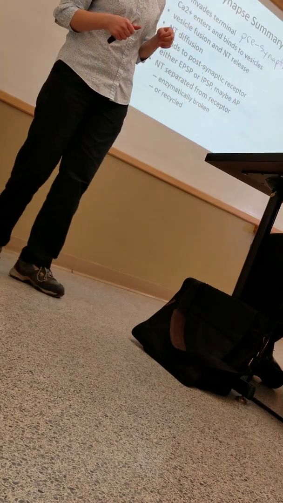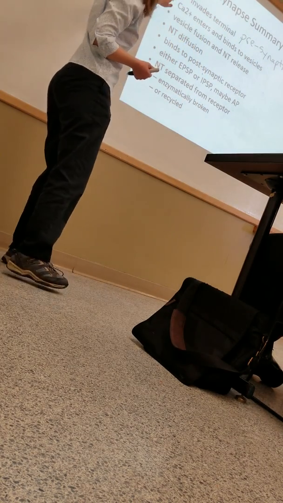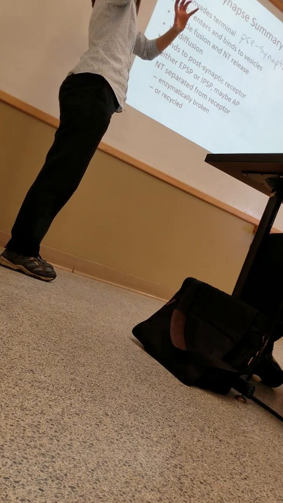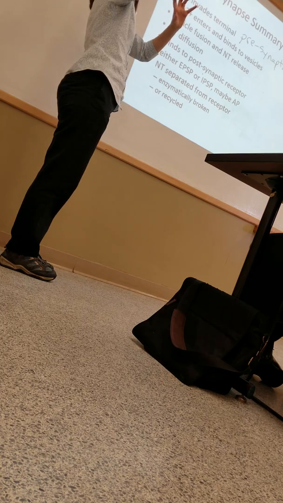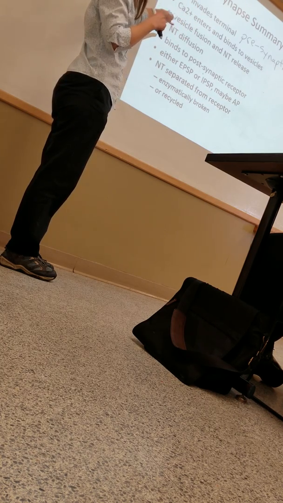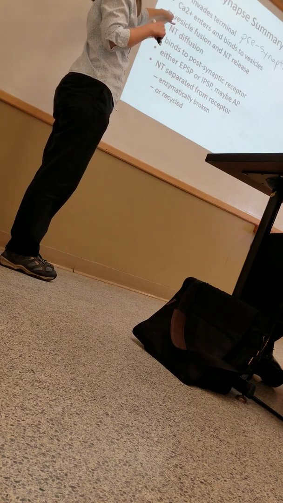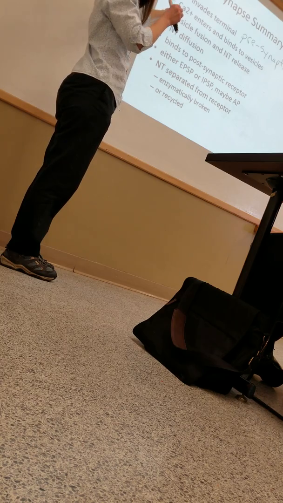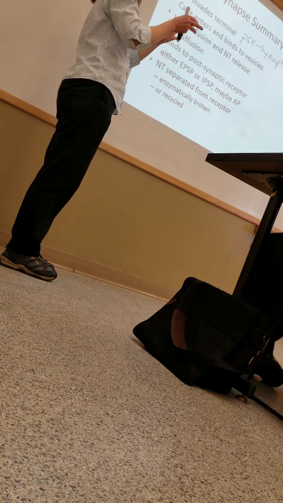So calcium comes in and interacts with the vesicles. This causes your vesicles that are preformed, already full of neurotransmitter, to fuse with the membrane of the presynaptic cell. So the vesicles fuse and then release your neurotransmitter. NT is neurotransmitter.